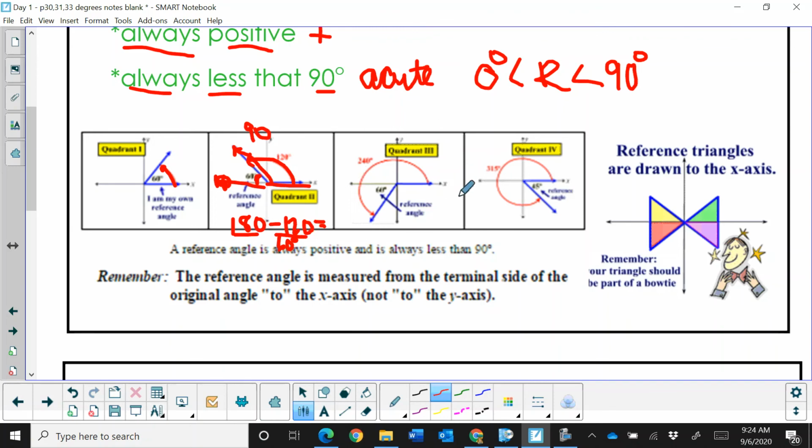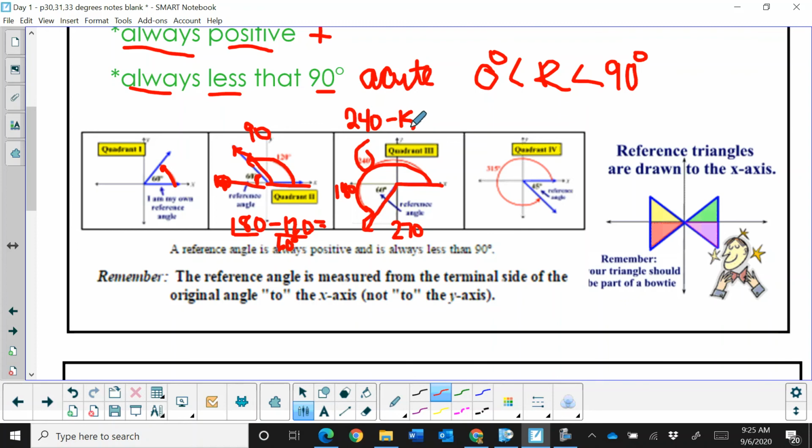Now in quadrant 3, again, starting on the positive x-axis, we're going to rotate around to quadrant 3. Okay, this is a little bit tricky because we know the angle falls between 180 and 270. So if the angle falls in quadrant 3, we're going to take the angle, in this case we're looking at 240, and we're going to subtract 180.